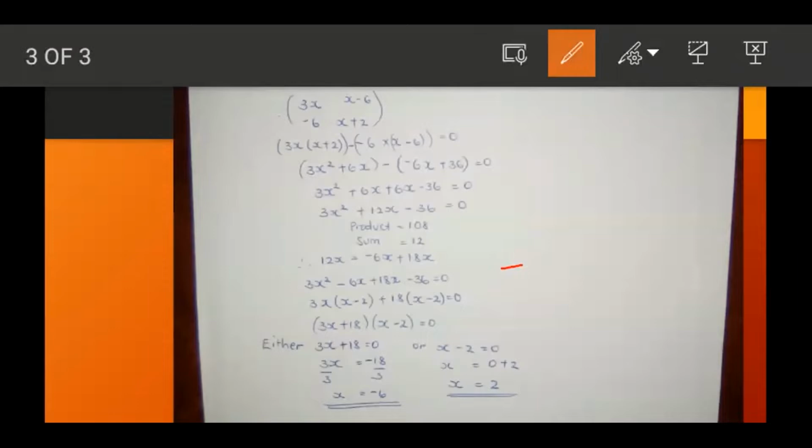So you pair them. 3x plus 18 into x minus 2 is equal to 0. So either 3x plus 18 is equal to 0, where x will be negative 6, or x minus 2 is equal to 0, then x will be 2. So either x is equal to negative 6 or x is equal to 2.